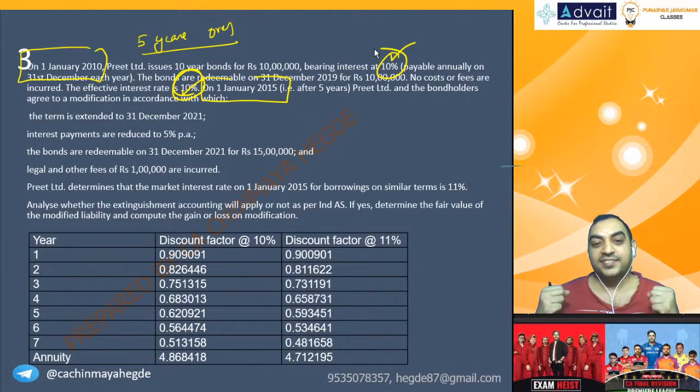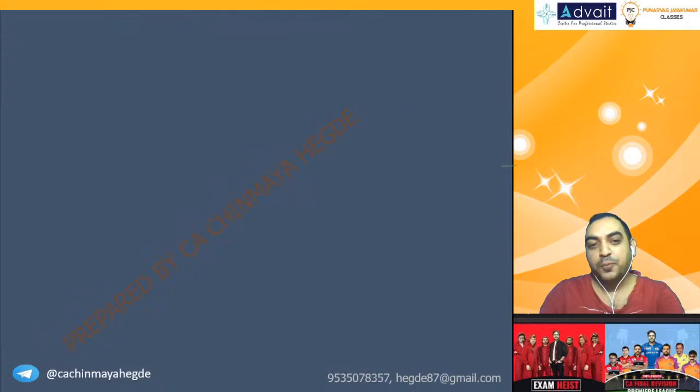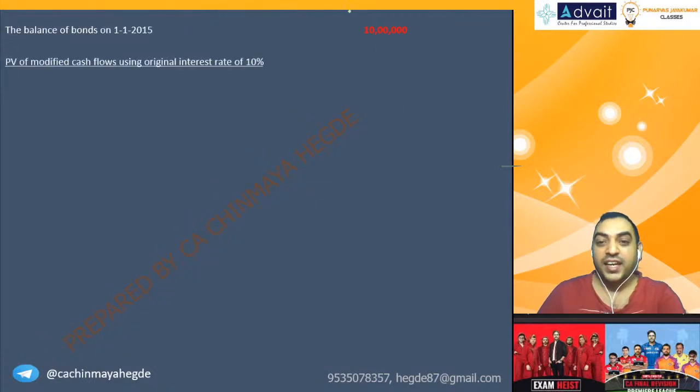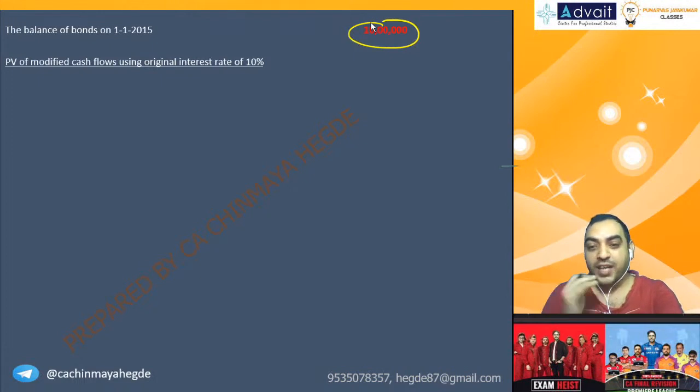Therefore the effective interest rate and coupon rate are both the same here, so we need not compute the carrying amount separately. We can directly go for a carrying amount of 10 lakhs. I hope people don't have any confusion there.